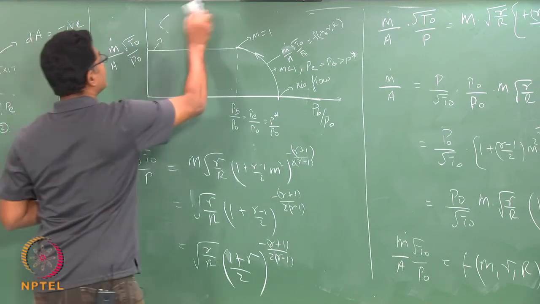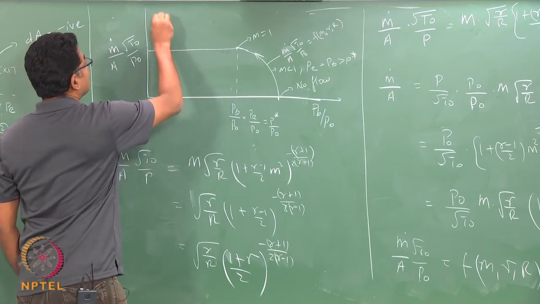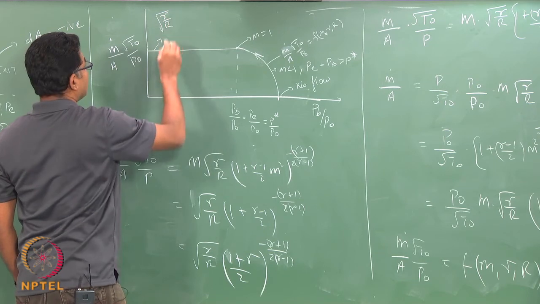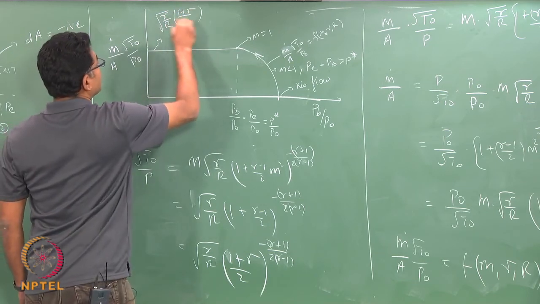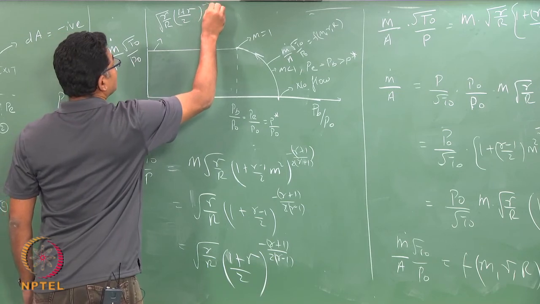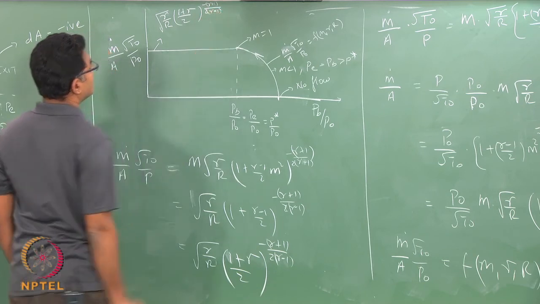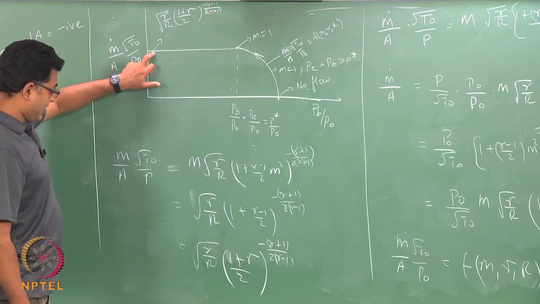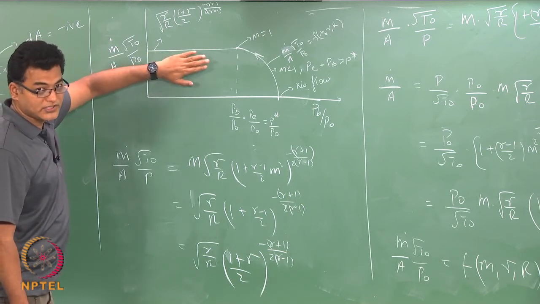I will write it neatly here. This value would be root of gamma by R into 1 plus gamma minus 1 by 2 to the power minus gamma plus 1 divided by 2 into gamma minus 1. So, that would be the value here. So, this is a case when we keep P0 constant.